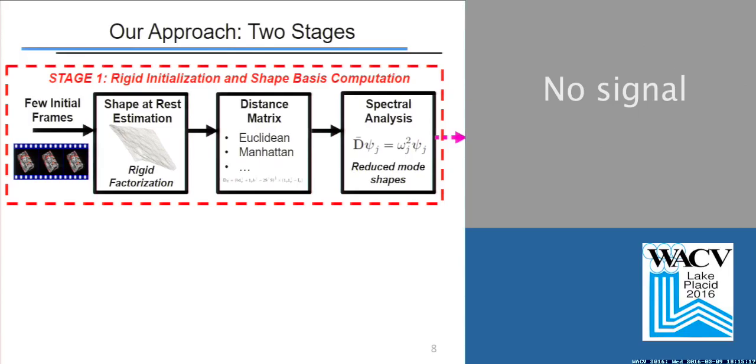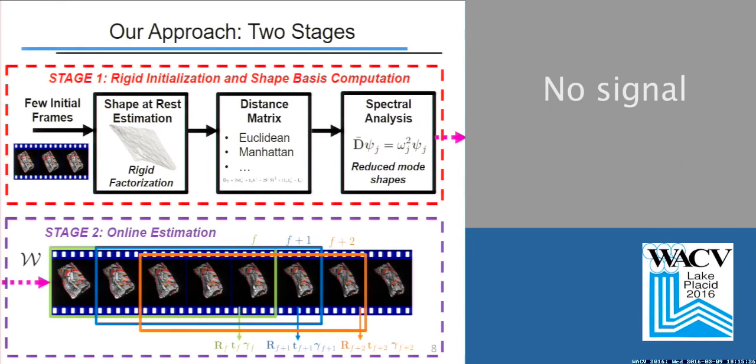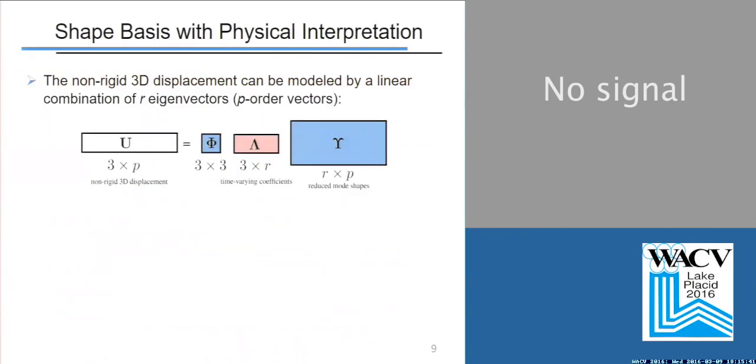And finally, we apply a spectral analysis of this shape to obtain a reduced model shapes by solving a simple eigenvalue problem. In the second stage, our system continues operation in a sequential manner, performing a bundle adjustment over a sliding temporal window to estimate the model parameters, camera, and shape deformation.